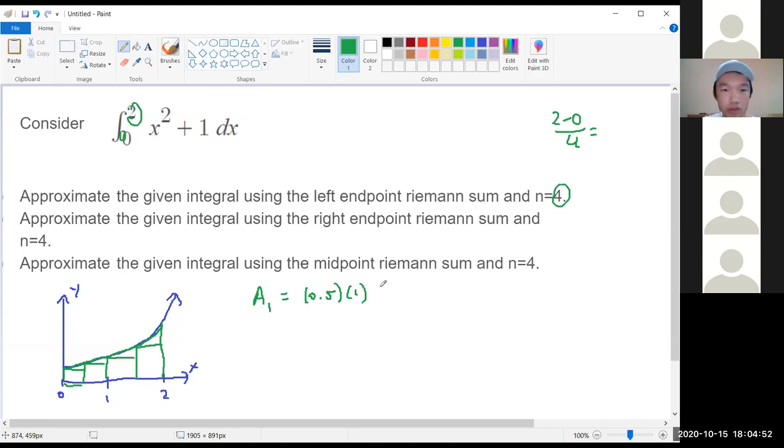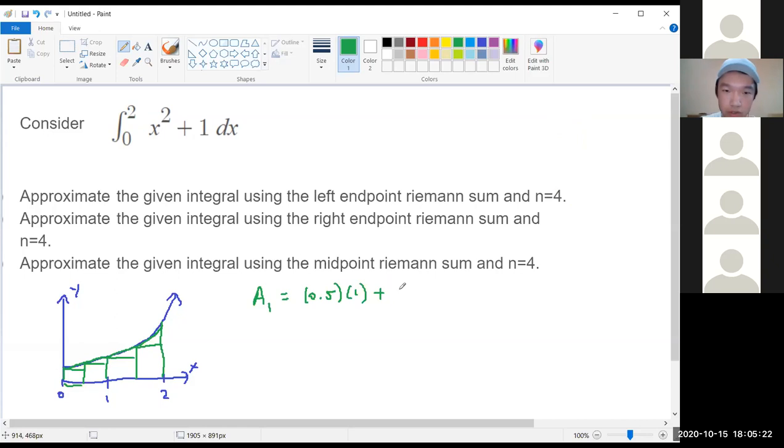And then how do we get the 1? We're trying to figure out what this length is, basically how far it goes on the y-axis. You plug x equals 0 into the equation to get 0 squared plus 1, which is 1. That's how tall the rectangle is. Now that we know how to find the dimensions of the rectangles, let's do all of them.